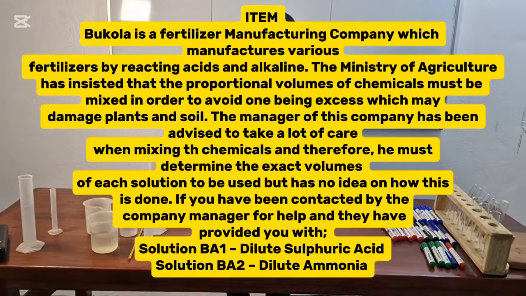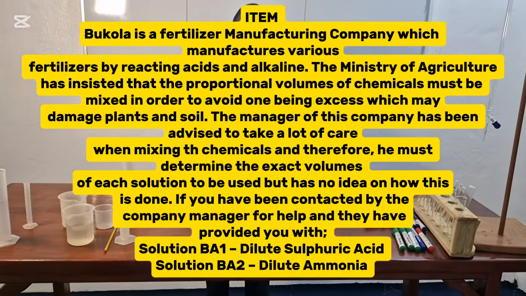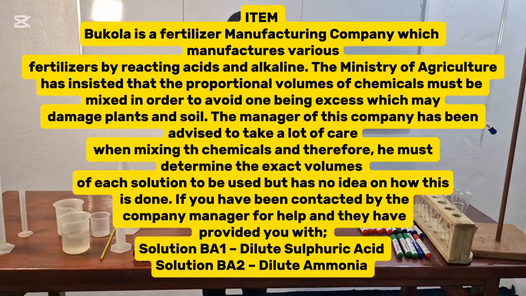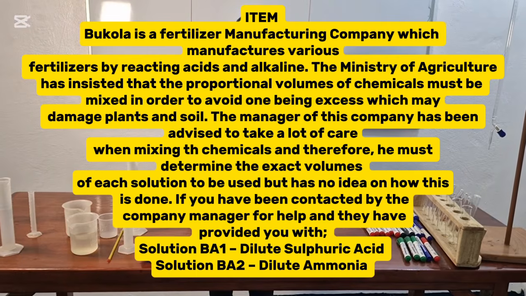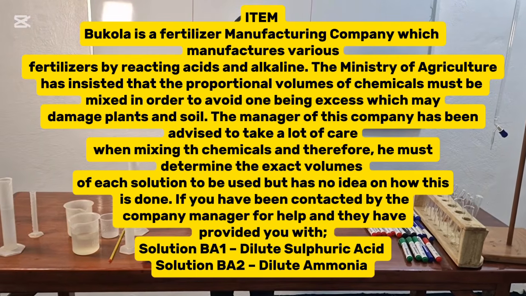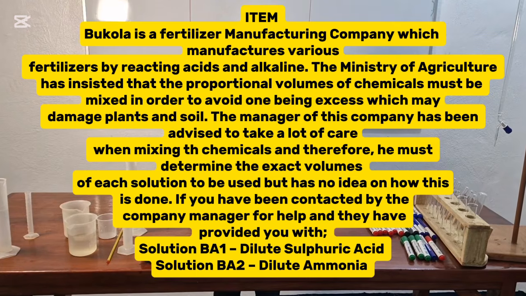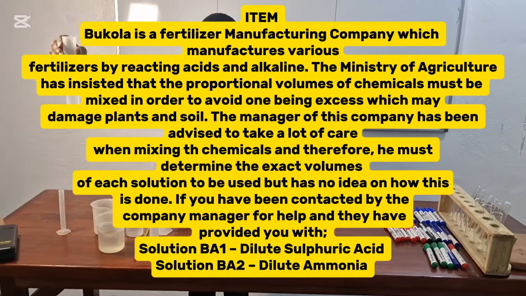If you have been contacted by the company manager for help and they have provided you with, so we have here solutions BA1, which is a solution of dilute sulfuric acid, and BA2, which is dilute ammonia solution. So we have BA1, here is our BA1.